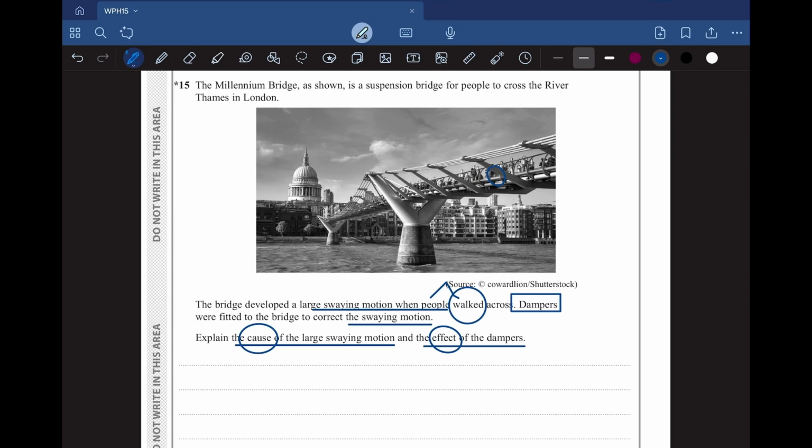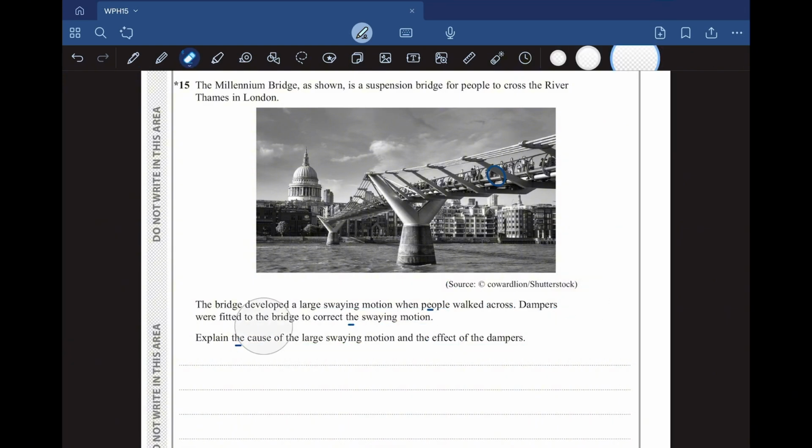And we know when resonance occurs, maximum energy transfer occurs, and when maximum energy is transferred to the bridge, it starts to oscillate with a very high amplitude. Then we use the dampers to reduce that amplitude of oscillation by dissipating the energy. So this is how the whole scenario works.